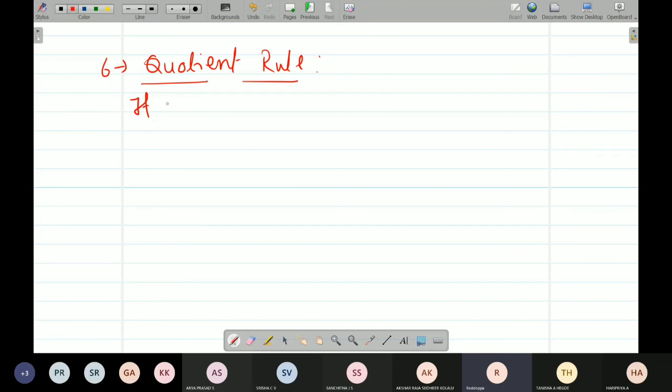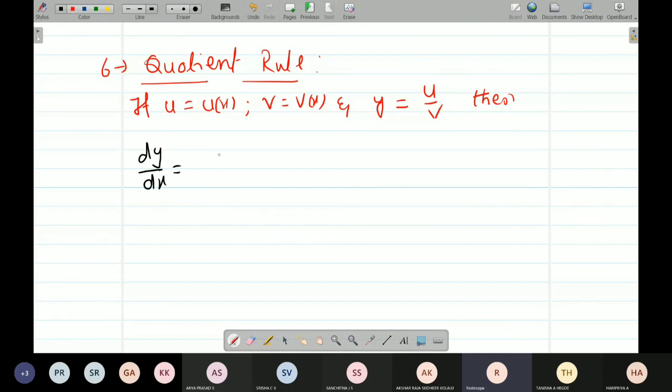The quotient rule says that if u is a function of x and v is a function of x, and if y is equal to u by v, the ratio of these two functions, then dy by dx, that is d by dx of y, which is nothing but u by v.